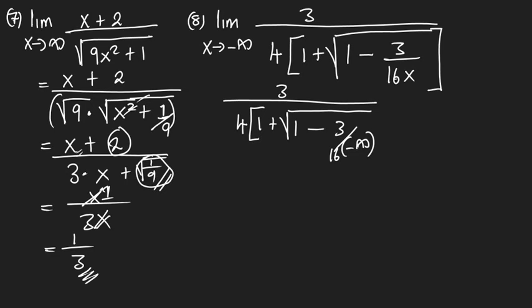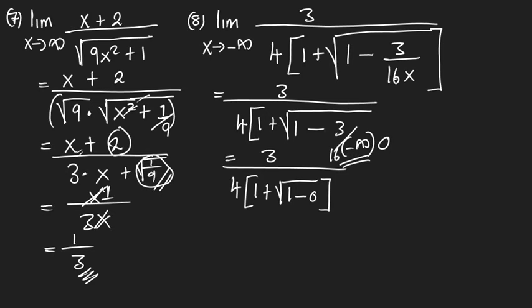Now notice that 16 multiplied by negative infinity is going to be a very huge number, okay, which will be close to 0, okay. Same concept like we did there. So you're going to have a 3, and then you're going to have a 4, open bracket, then 1 plus, this will become a 0, because this will be a number close to some 0. So you're going to have 1 minus 0.